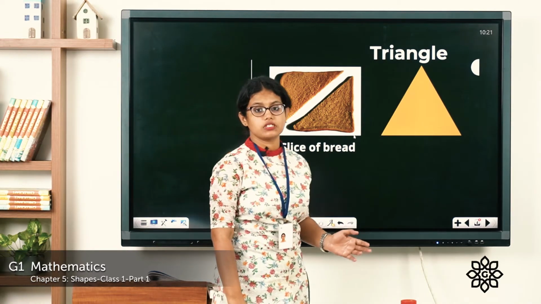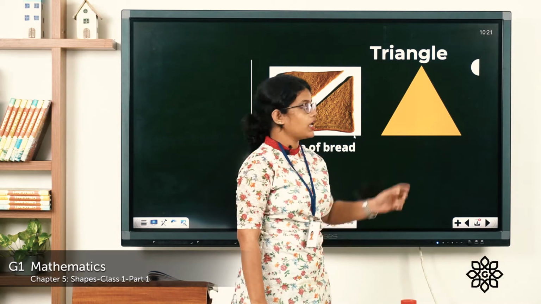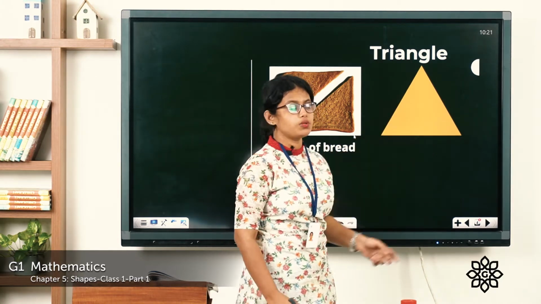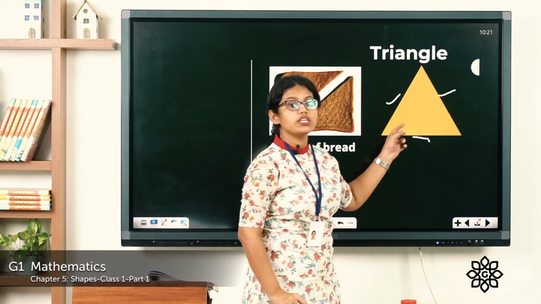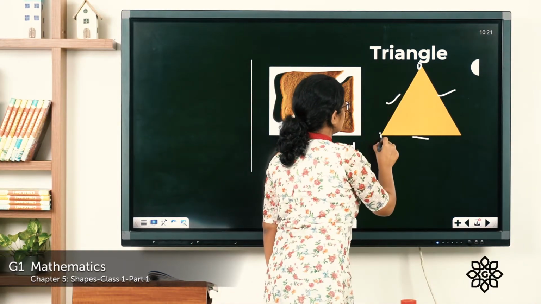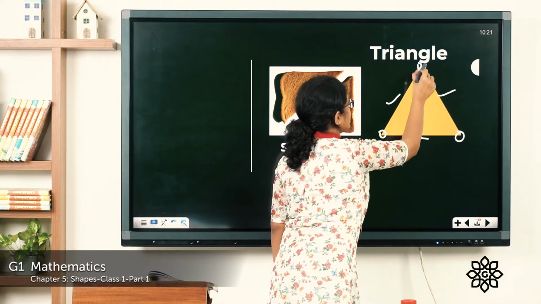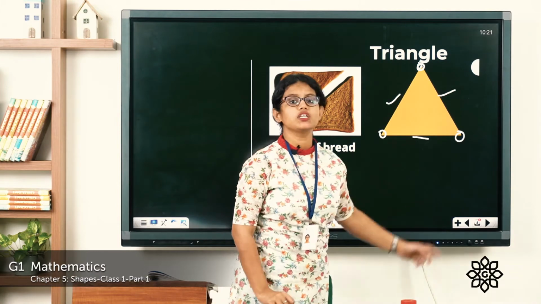And which shape is this? This is a triangle. You can see three sides. How many sides are there? 1, 2, 3. So there are three sides, and how many corners? 1, 2, 3. So there are three corners. Three sides and three corners.